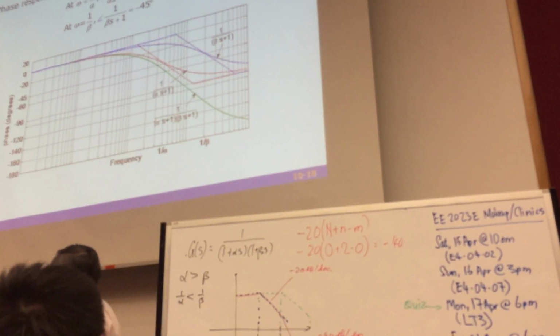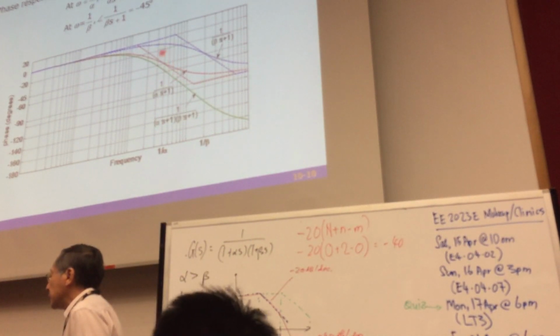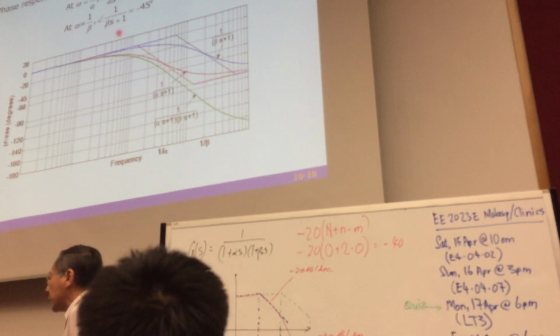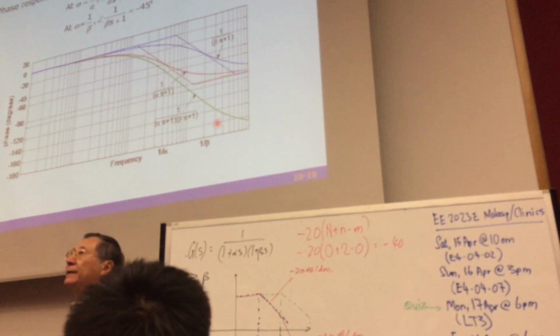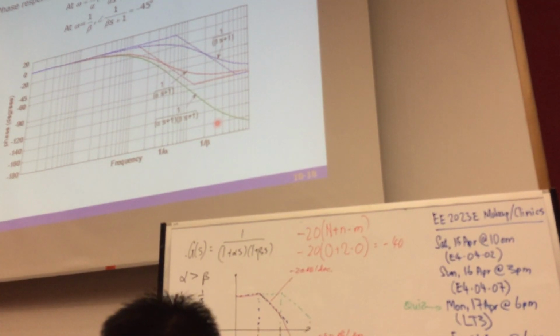The minus 45 degrees for the first pole is at 1 over alpha. Alright? So the blue one, the asymptotes are shown here. The red one, the asymptotes are shown here. So when you combine the blue and the red, you get green. And now, you find that the green high frequency asymptote is at minus 180. Because minus 90 plus minus 90 is minus 180. Yeah? Okay?